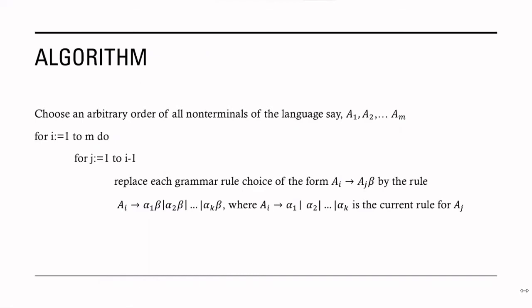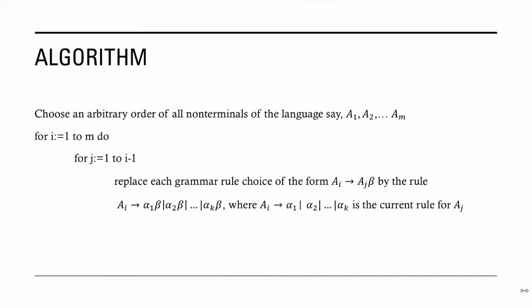Then we have two loops in the algorithm. The outer loop loops through all the non-terminal symbols for I going from 1 to M. And in the inner loop, we are looping through all the non-terminals again, but starting from 1 to the non-terminal that we are looking at in the current iteration.